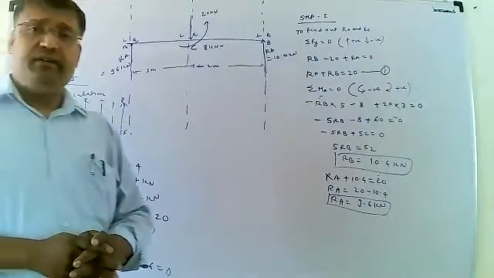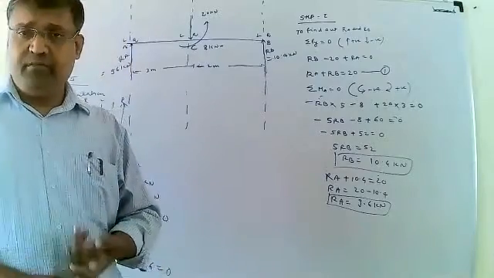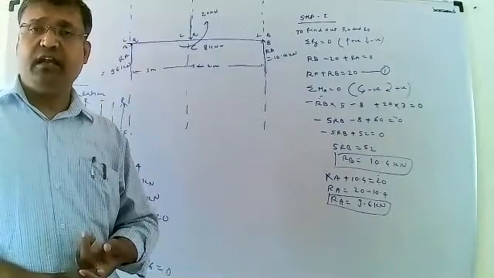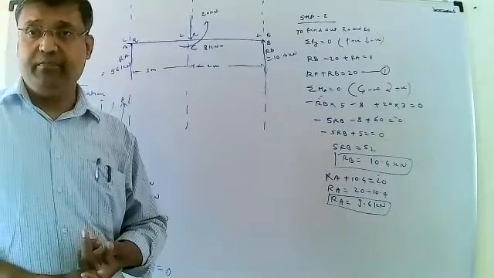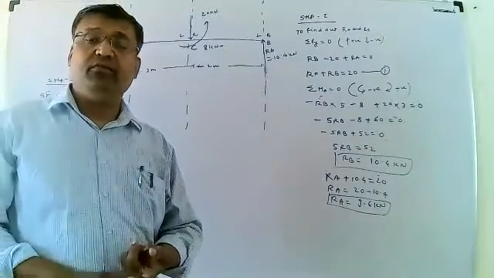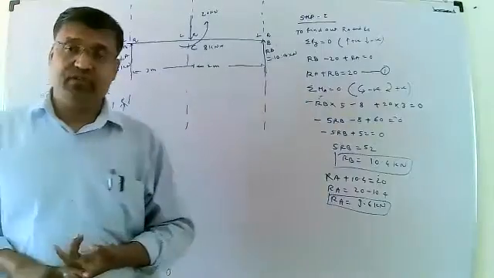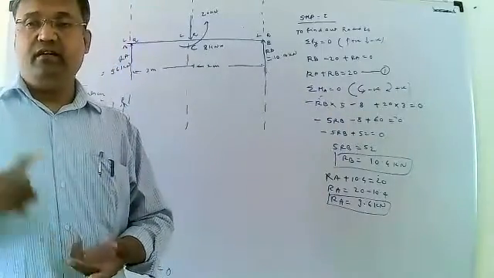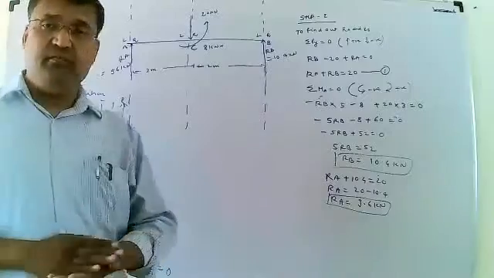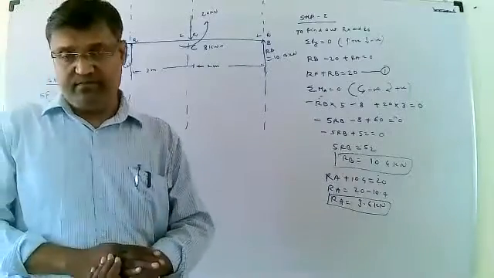Once we find out RA, RB, reactive force at fixed end points A and B, then in the second step we calculate shear force for all values. Then in the third step we calculate bending moment.